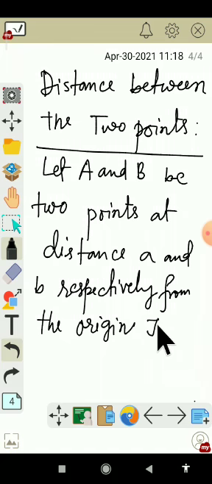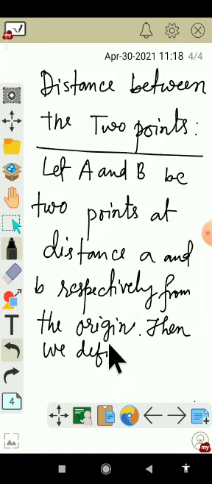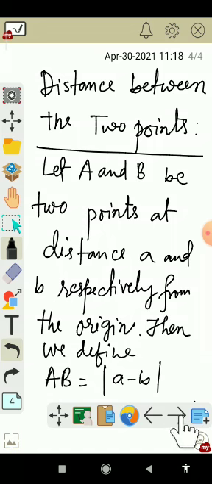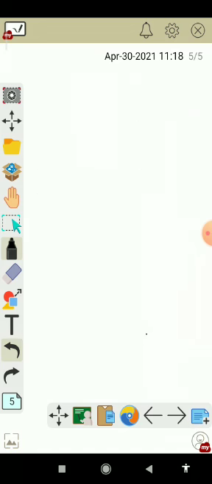Then we define the AB distance equal to mod of a minus b. It means distance always will be a positive number.